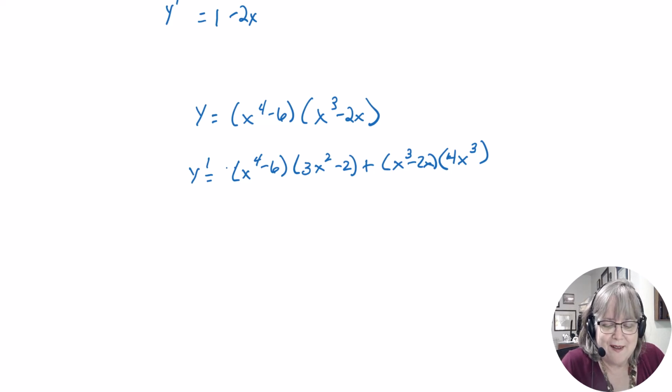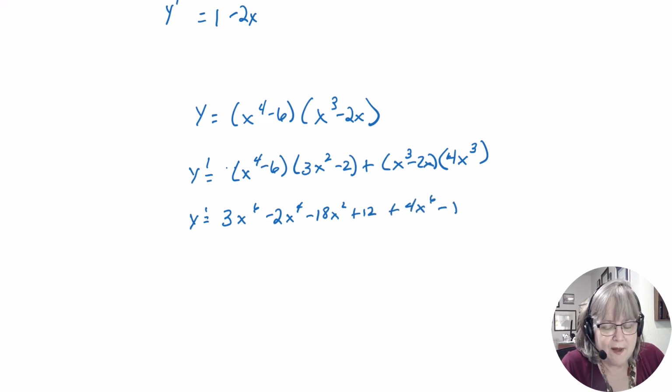All right. Now, so then when we multiply this out, we get 3x to the sixth minus 2x to the fourth minus 18x squared plus 12 plus 4x to the sixth minus 8x to the fourth.